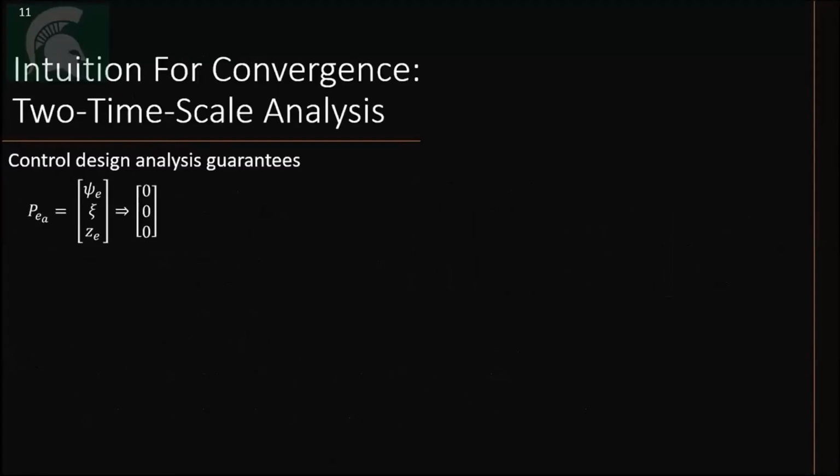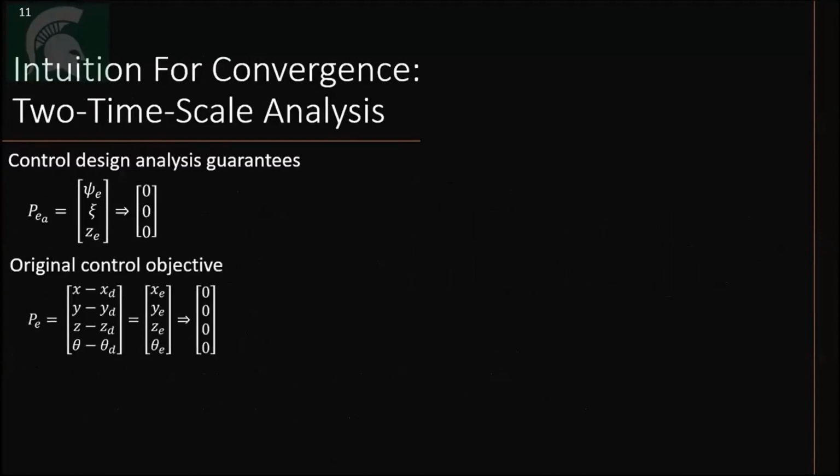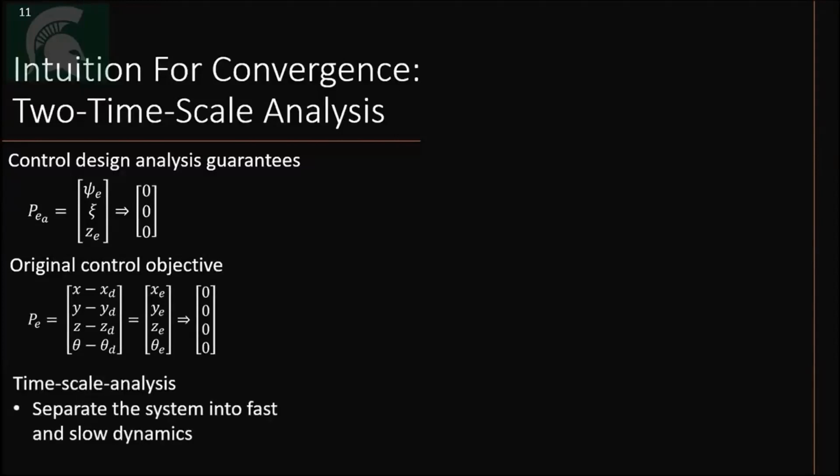Now, the control design analysis guarantees that the errors in the vector PEA all go to zero. However, the original control objective was to send the errors in the vector PE to zero. We can show this using timescale analysis. Timescale analysis is a model reduction technique from singular perturbation theory.